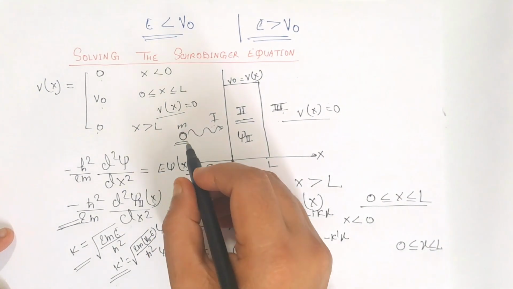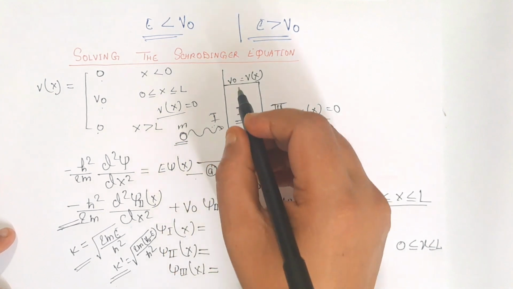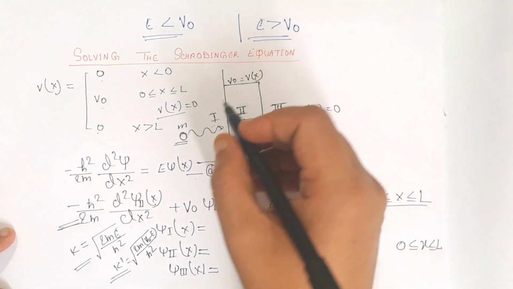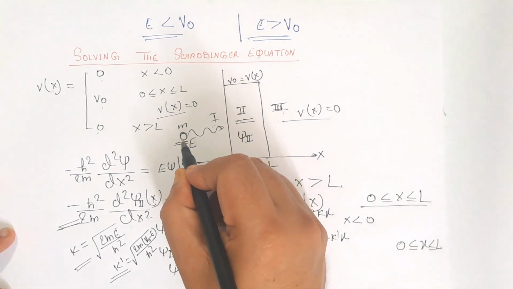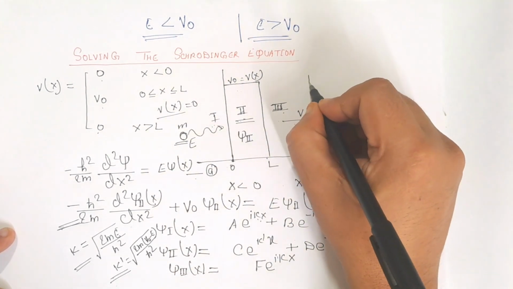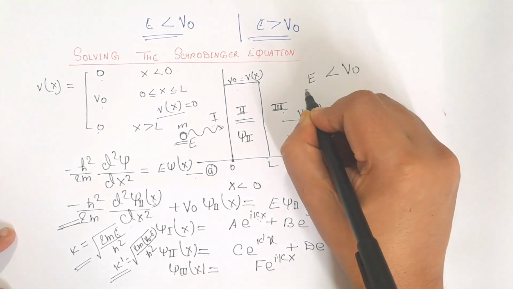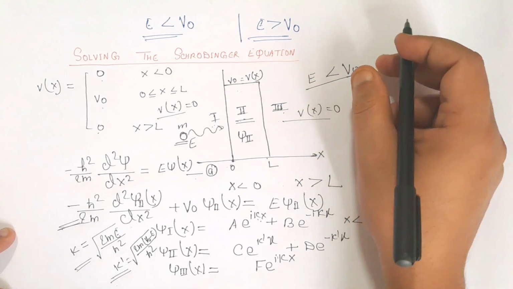Suppose the energy of the particle is less than the potential of this barrier. It means E is the energy of this particle, and if E is smaller than V0, then what will happen?